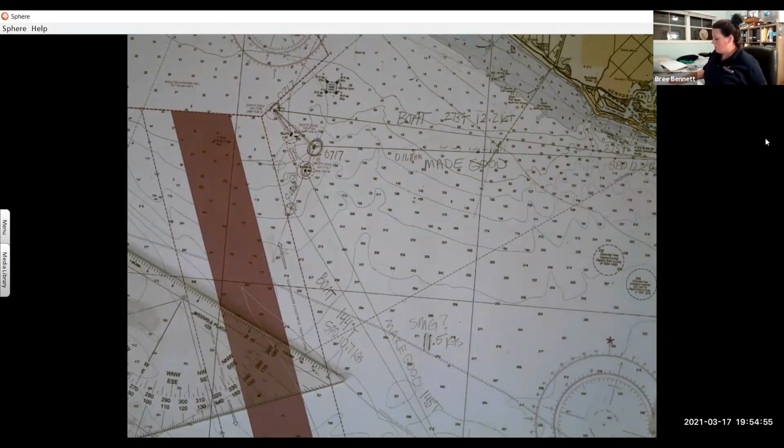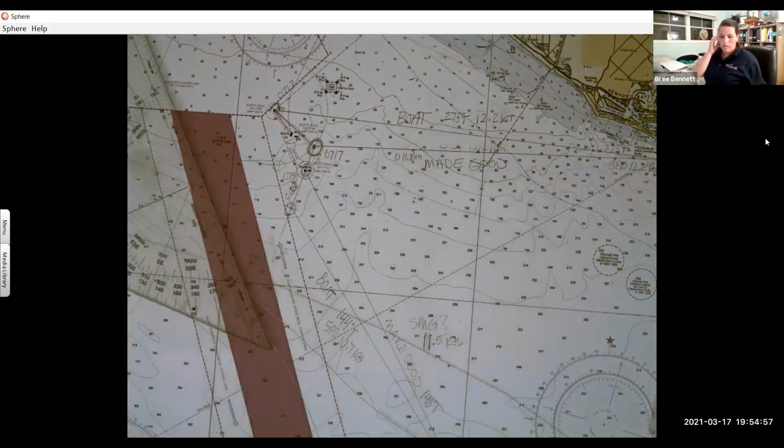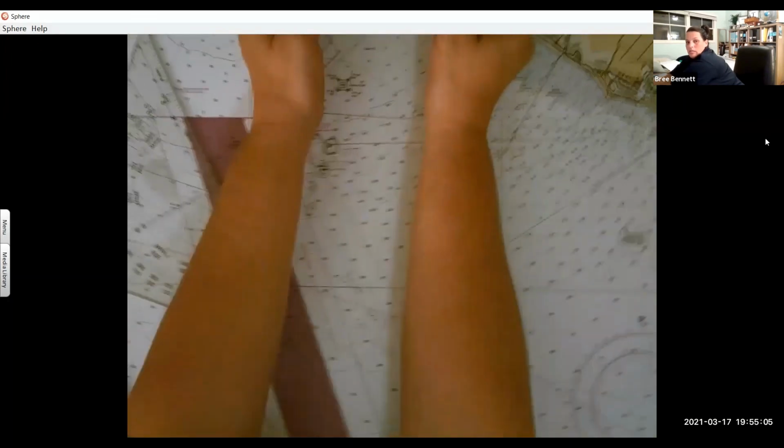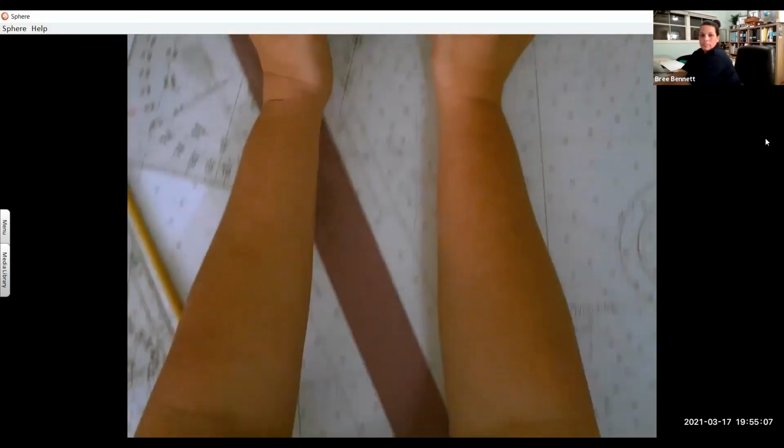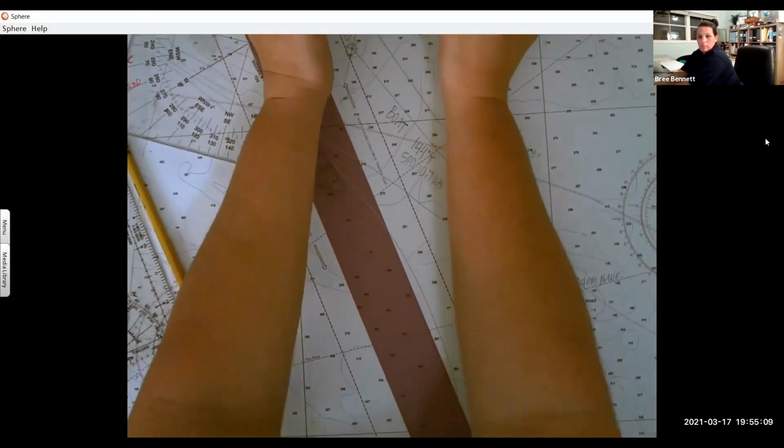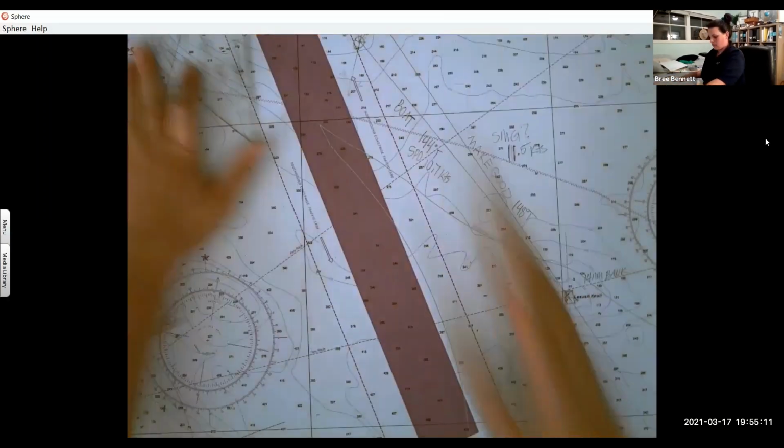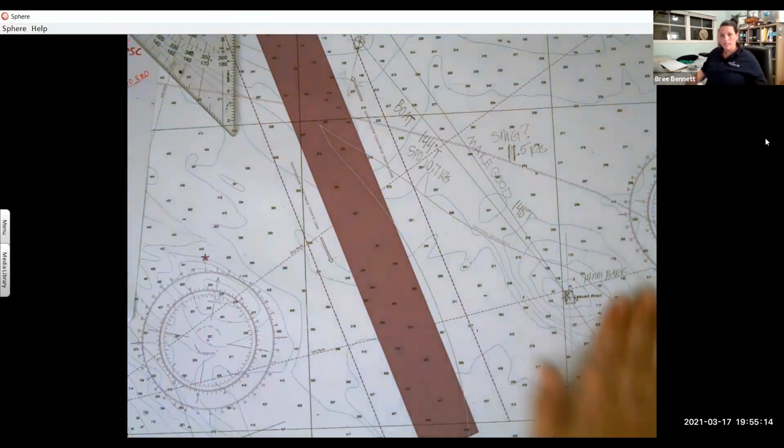So where were we? We were fishing for many, many hours around our 14-mile bank.